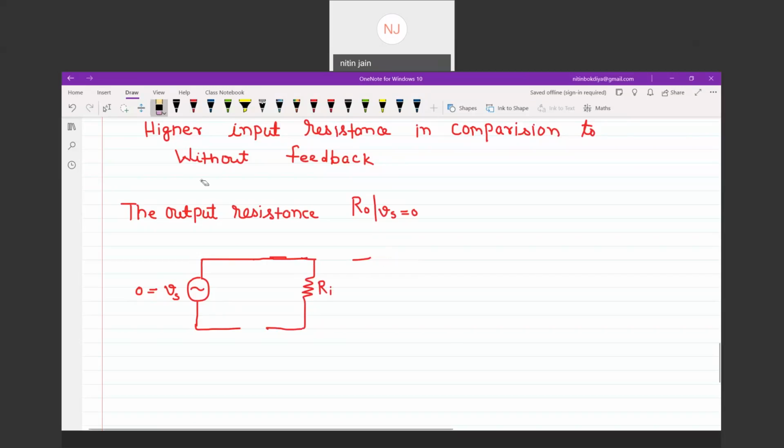Then we are having Vi. This is A times of Vi.